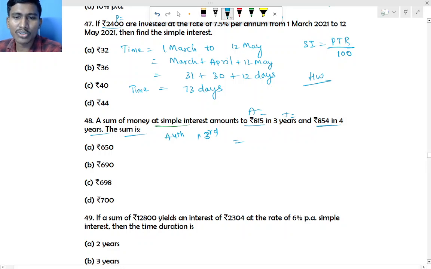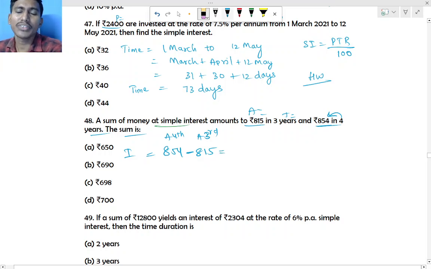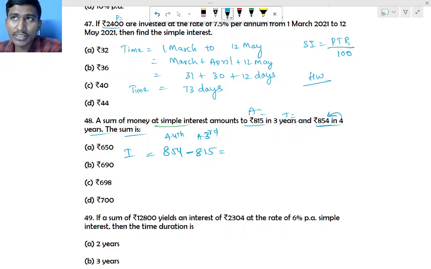Amount here, amount here. So if you subtract, you will get 1 year, that is the interest, right? So the fourth year amount is how much? That is 854, fourth year, right? Fourth year is 854 minus third year is 815. If you subtract, how much answer you will get? 15 if you minus from 54, not 49, 39.